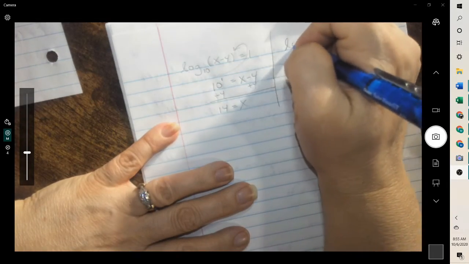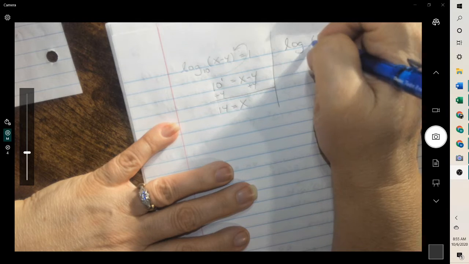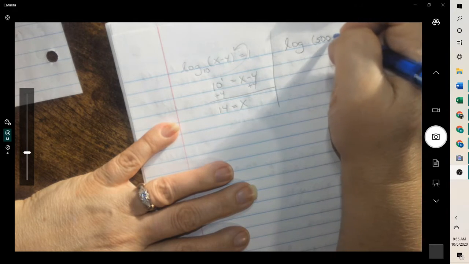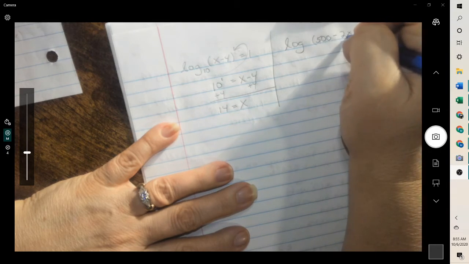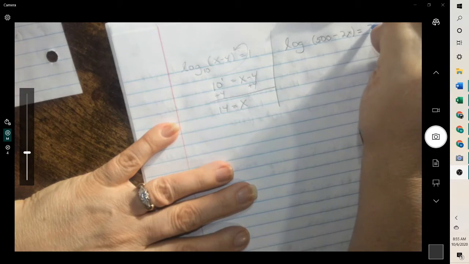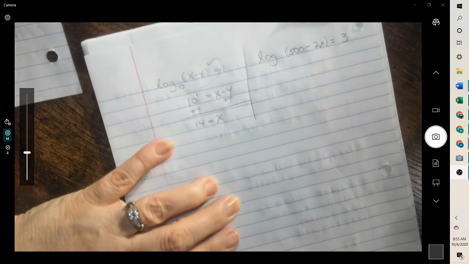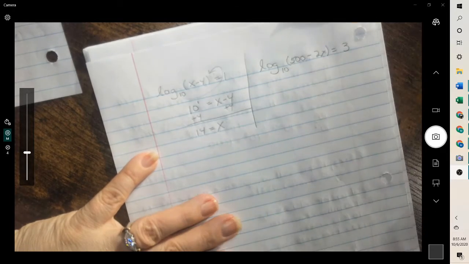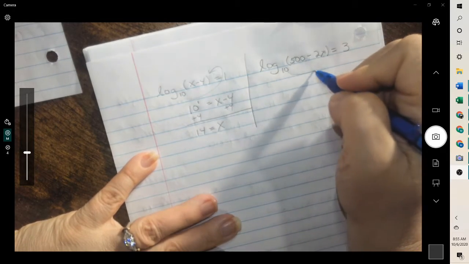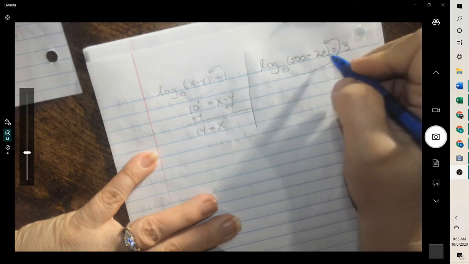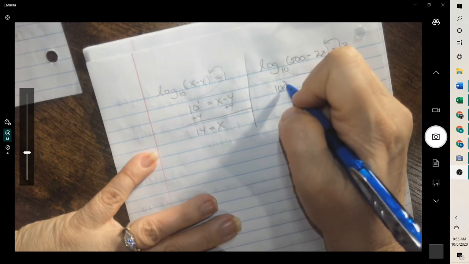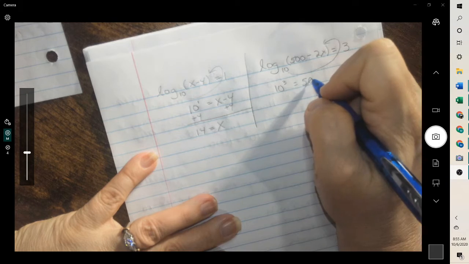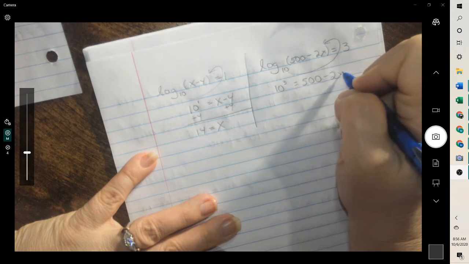Try one more. Log of 500 minus 2x equals 3. Okay, no base, we know it's 10. Rewrite it. 10 to the third equals 500 minus 2x.